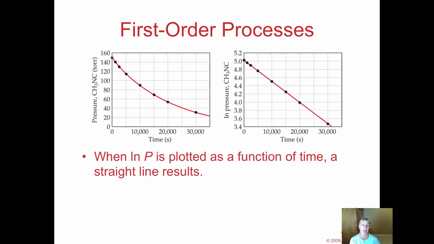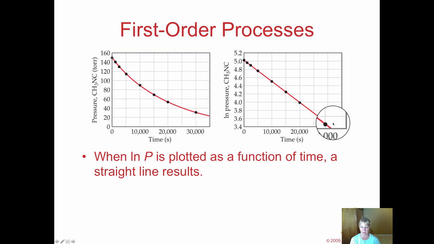So I'm going to plot this graph, not with the pressure. This was acetonitrile, so it was measured as a gas. You can use either partial pressure or molarity. In this case, they had pressure as the unit of concentration. But if you take the natural log of that reactant's concentration, then your line becomes a straight one.